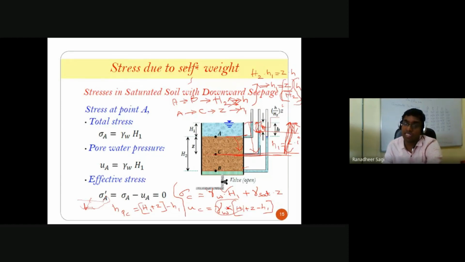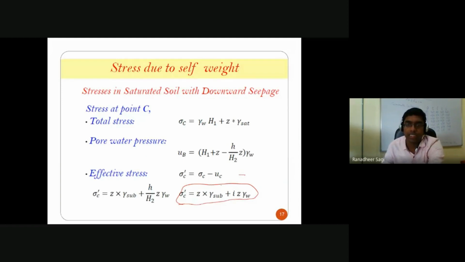That's nothing but gamma submerged into Z, and minus of minus becomes plus, gamma w into small h1, where small h1 is nothing but Z into i, where i is what we are calling the hydraulic gradient, whose value is equal to small h by capital H2, which we have already seen and discussed how to calculate. And that's how my expression comes out to be.